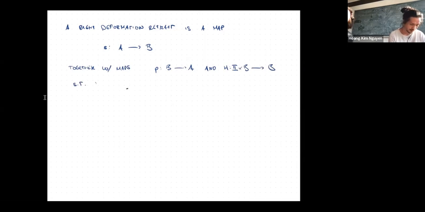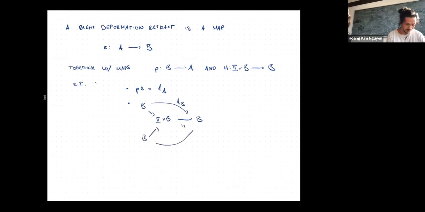S is a section of P, so that's supposed to be the identity on A. Then the homotopy moves from the identity on B to the composition.